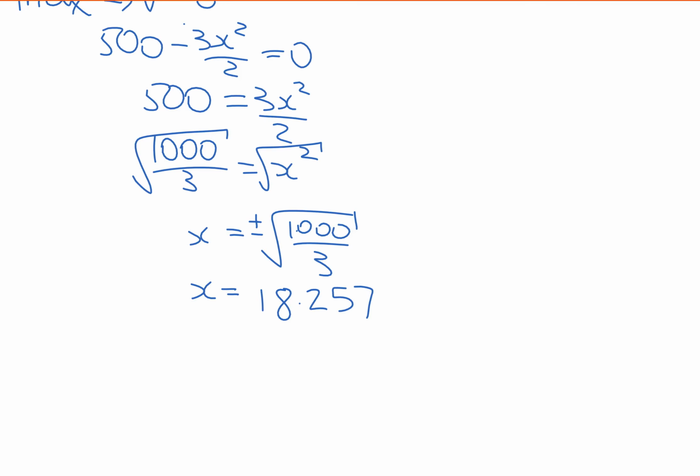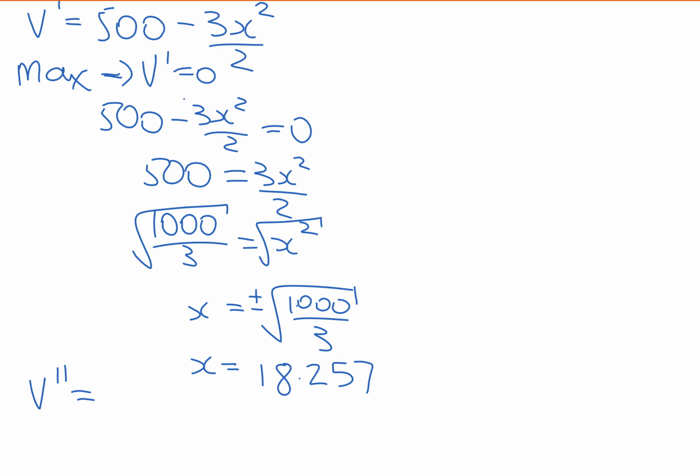So if I go down and say, what is v dash dash going to be? Negative 3x, times by 2 divided by 2 cancels out.